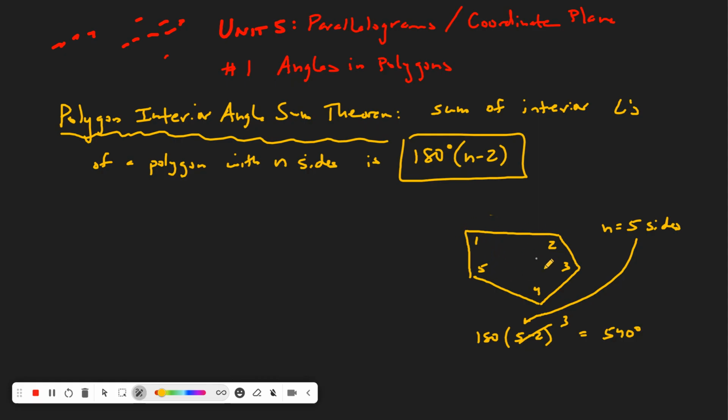So these 5 angles have a sum of 540. Some problems just say find the sum, other problems want you to find a missing angle. So the measure of angle 1 plus angle 2 plus angle 3 plus angle 4 plus angle 5 would equal, in this picture, 540 degrees.